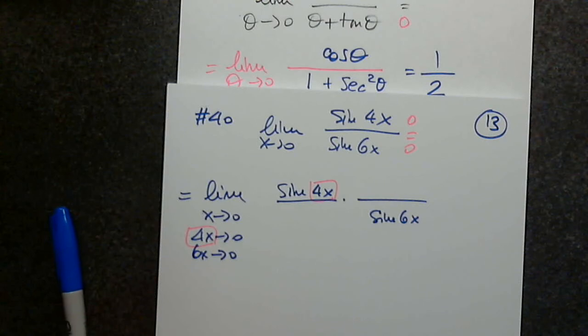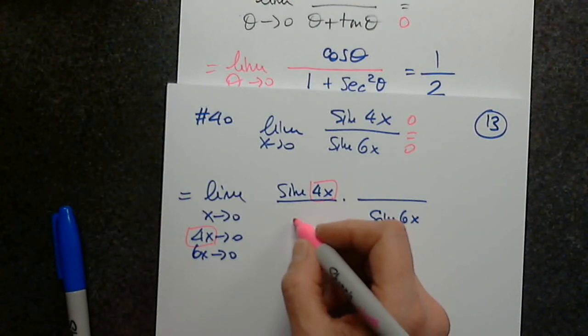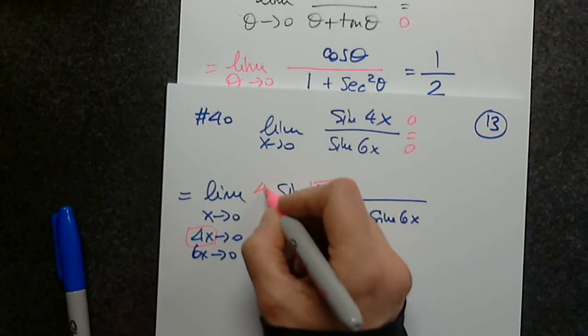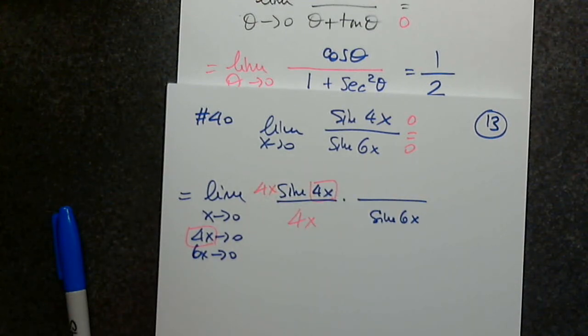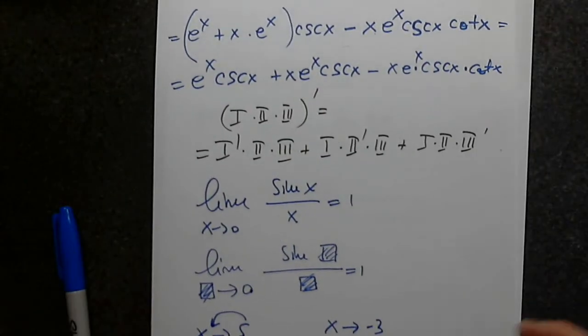Okay, so I do have this. What do I need in the denominator, though? 4x. No problem. I multiply the denominator by 4x. As long as I did the same thing to the top, that's 1. I didn't change anything. Okay, now for sine, I did not mention that, but I would like to go back and write it here.